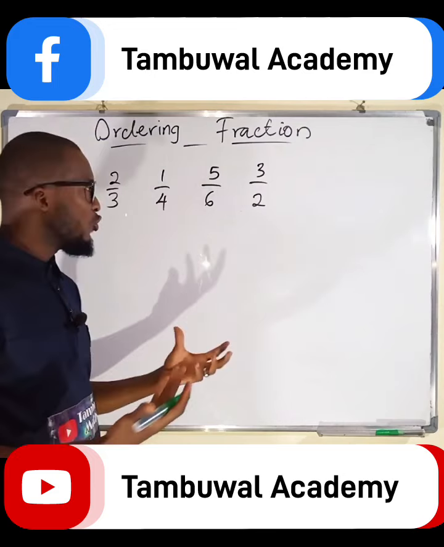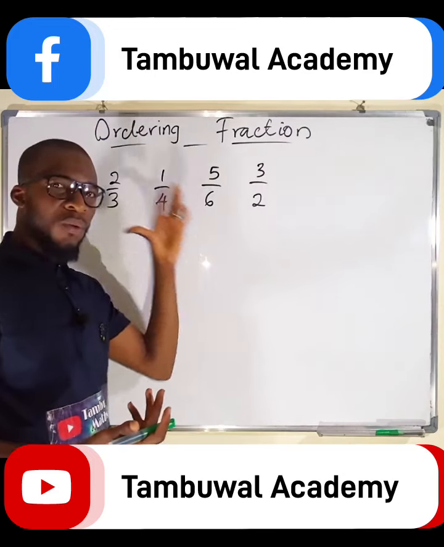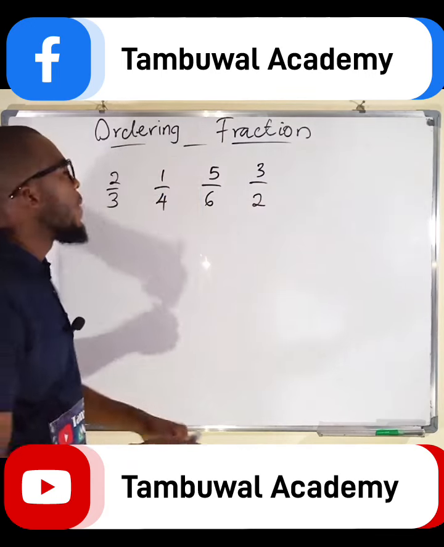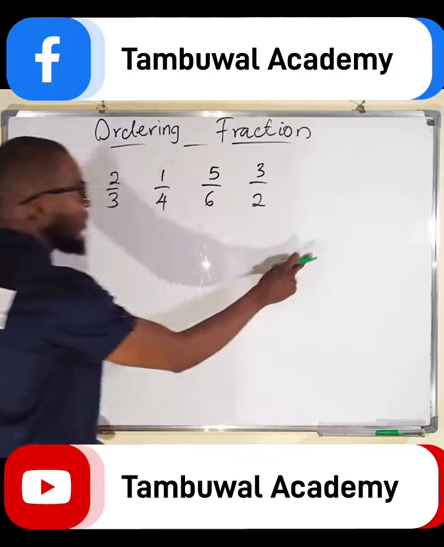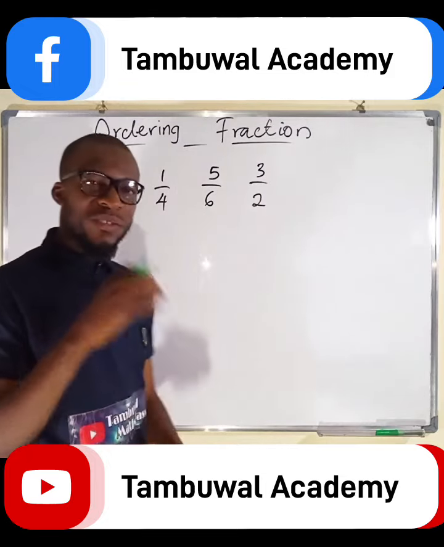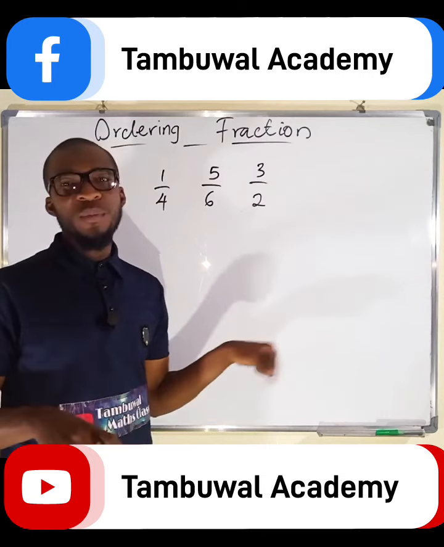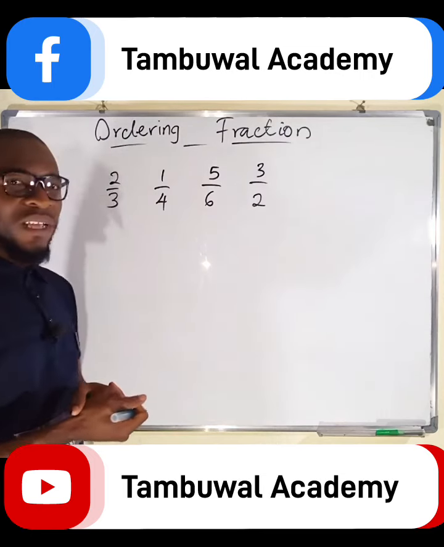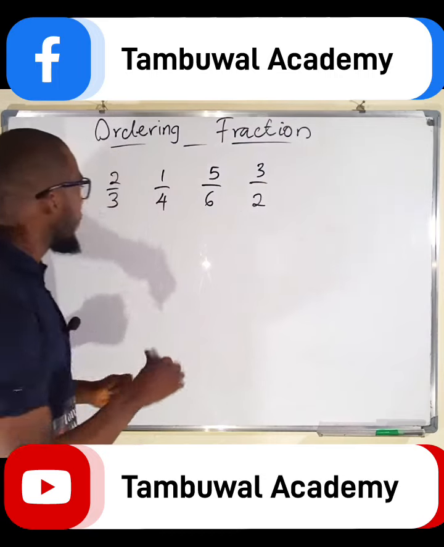Still, we can manage to find the LCM of the denominators. The LCM of these denominators is that smallest number which all of them can go into without remainder. And that LCM is 12, because we have talked about LCM in our previous lesson.